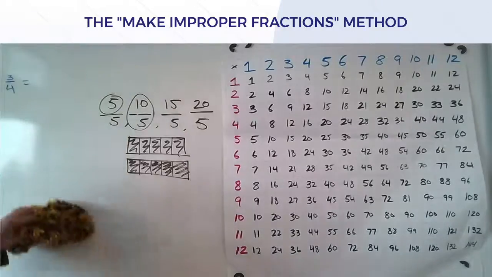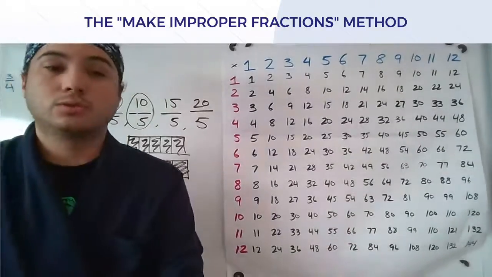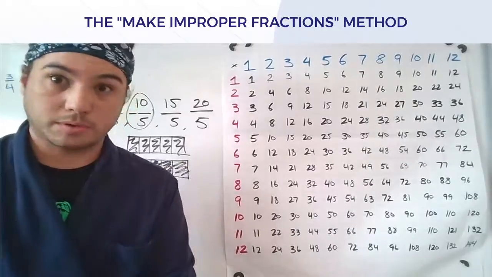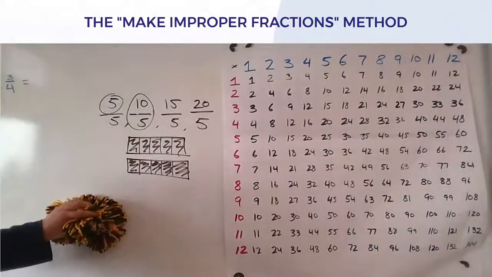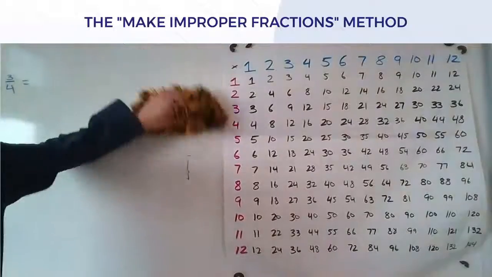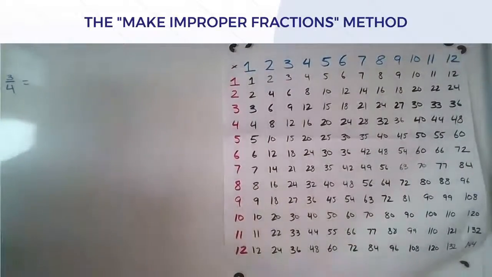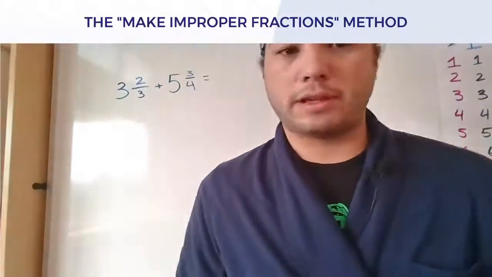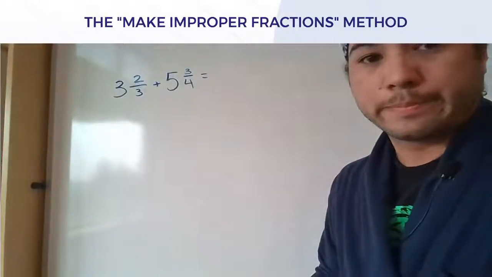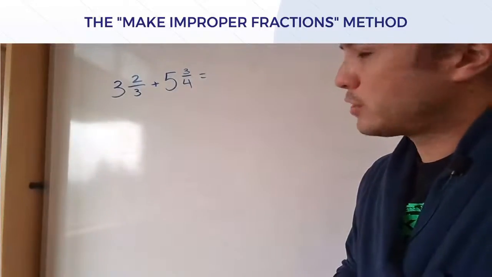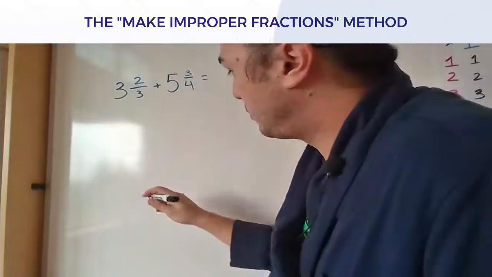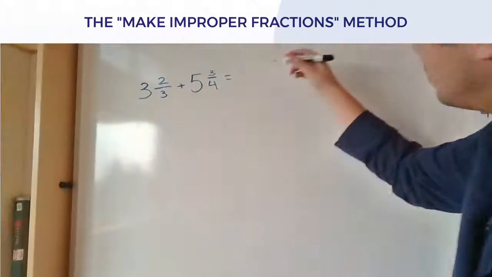So we can use this knowledge to solve mixed number addition problems by converting our mixed numbers into improper fractions. Here's how it works. Let's take a problem like 3 2/3 plus 5 3/4. Okay? First thing we're going to do, step 1. Can I write it up here? Nope. I'll write it next to it.